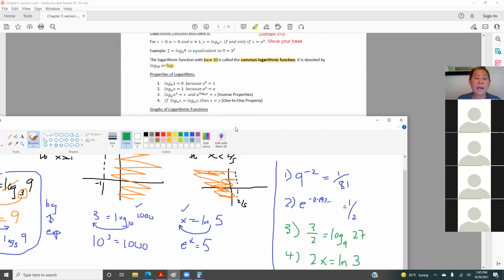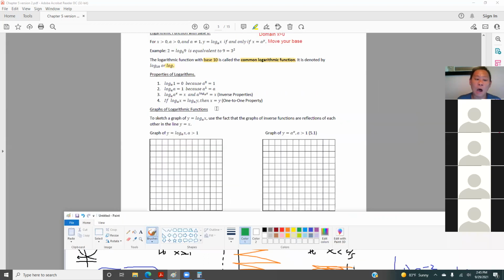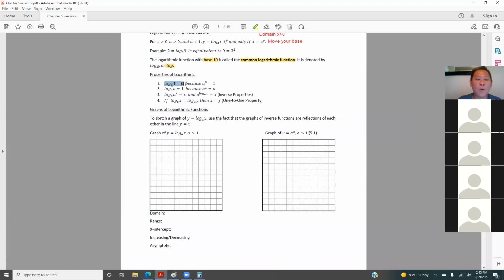Okay. Now there are some properties of log. The first property is log 1 is always 0. I don't care what base you have. It can be base e, base 10, ln 1 is 0 too. The reason is that if you move the base, a to the power of 0 is 1.